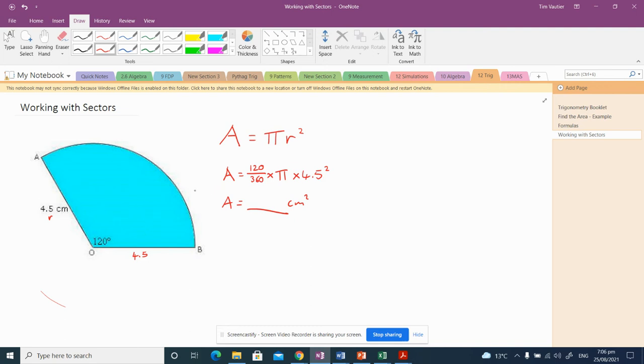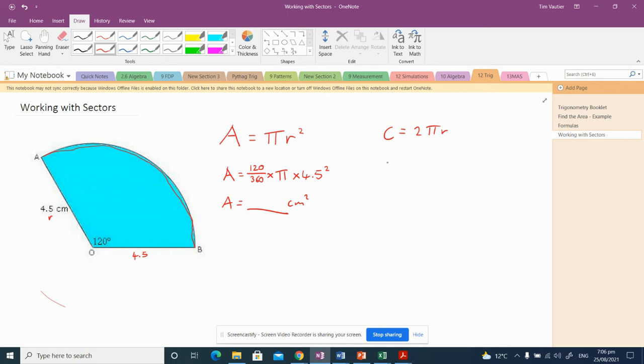Now, aside from area, we might be interested in the distance along this curved part, and we could do a similar thing. We have the circumference of a circle. The formula is 2 pi r.